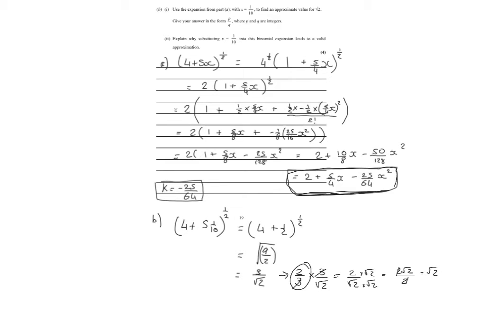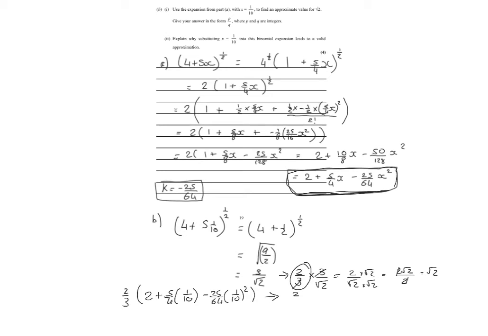So what we do is we put 2 plus 5 over 4 times a tenth minus 25 over 64 times a tenth squared. And then we multiply that whole thing by our 2/3 to get the approximation we're looking for.